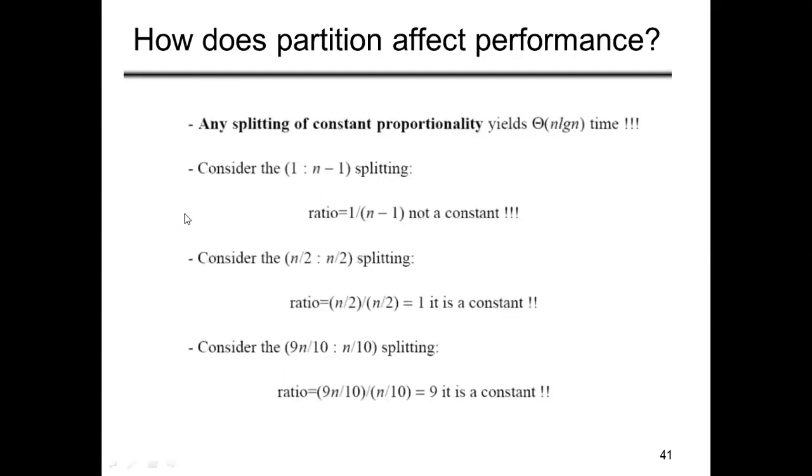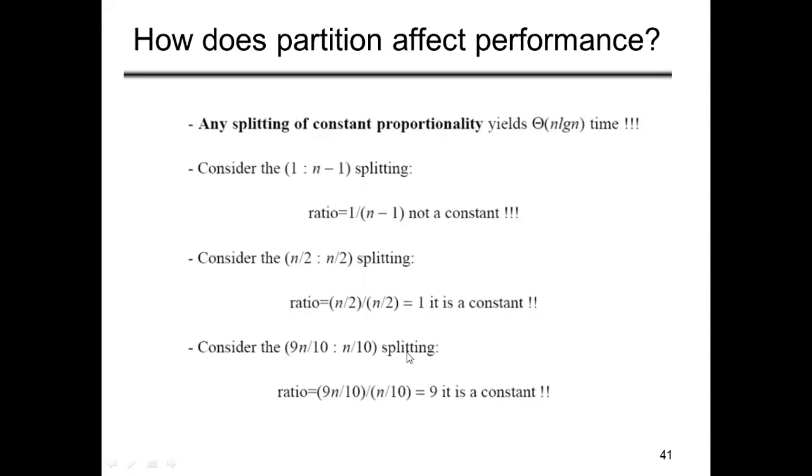Any splitting of a constant proportionality yields theta of n log n time. Consider 1 to n minus 1 splitting. The ratio is 1 by n minus 1, not a constant value. Whereas n by 2 to n by 2 splitting, half splitting, is a constant. When you consider 9n by 10, n by 10 splitting, 9 parts in one part, n parts we are dividing, the splitting ratio is 9.